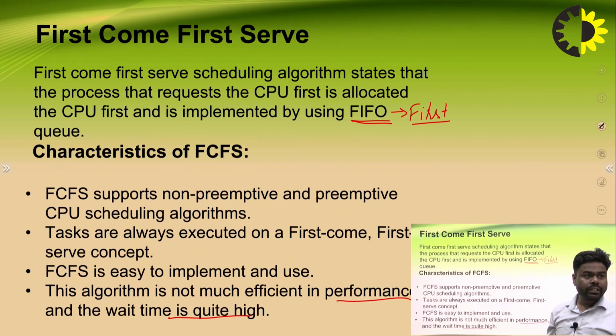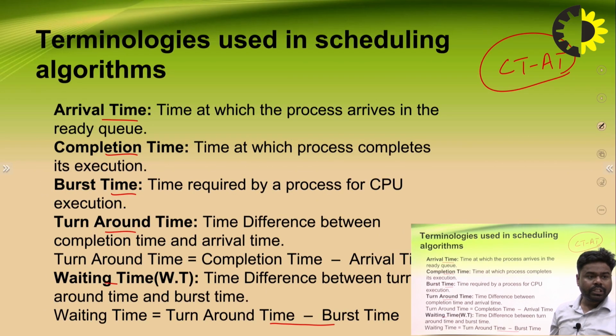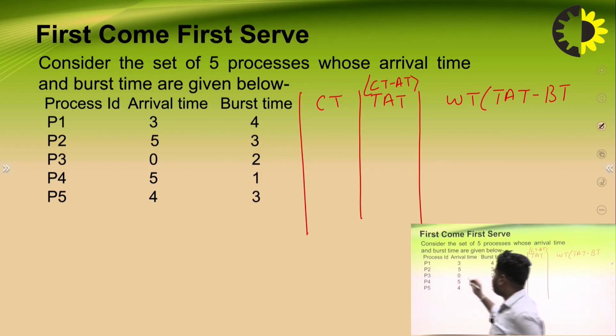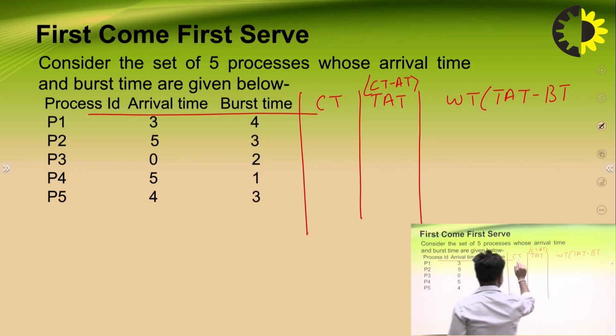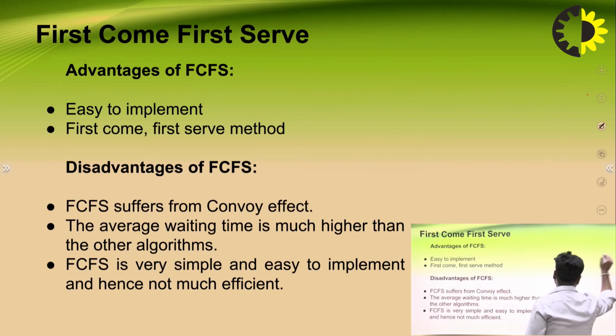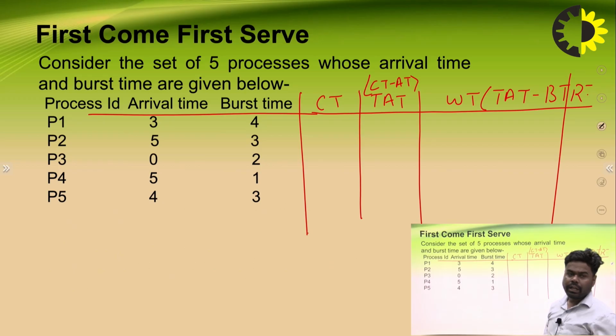Listen from here, TAT minus BT. Now we are going to solve using this method. There is a response time also, but right now I'm not finding the response time; we have the 3 criteria to find everything.